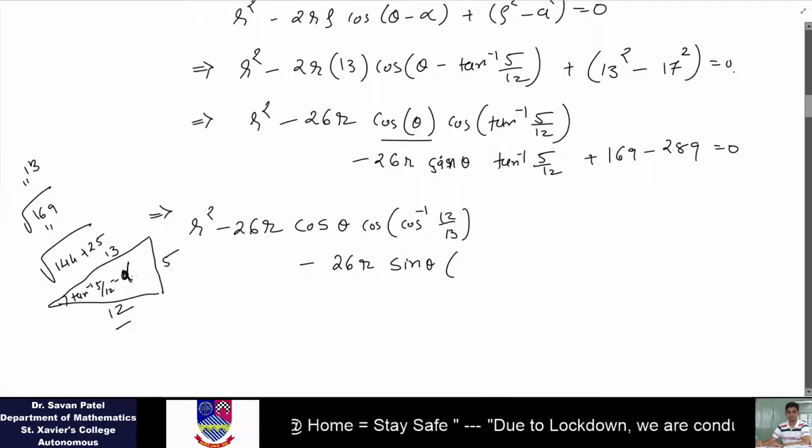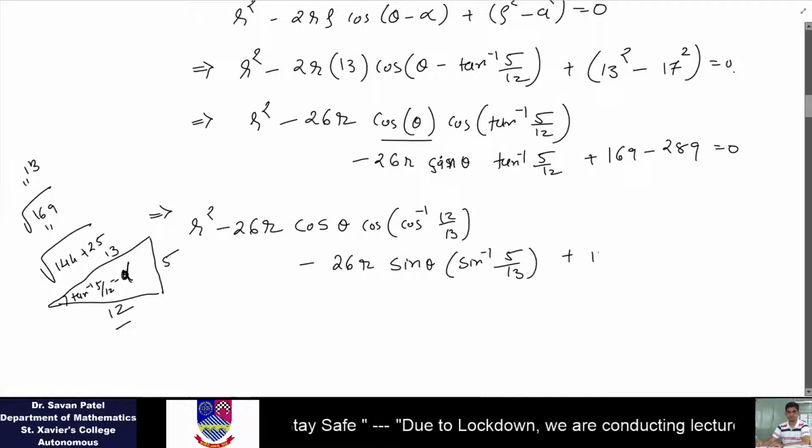Now for this, if I want to write down the sine inverse theta, then it is 5 by 13. So it is sine inverse 5 by 13 plus difference of these two, that is 120, is equals to 0.